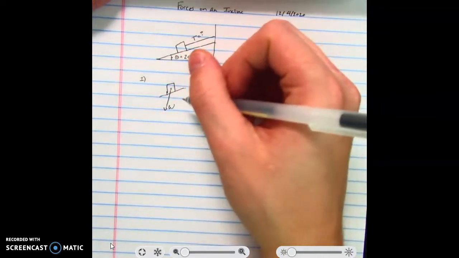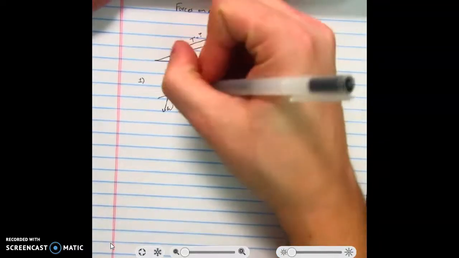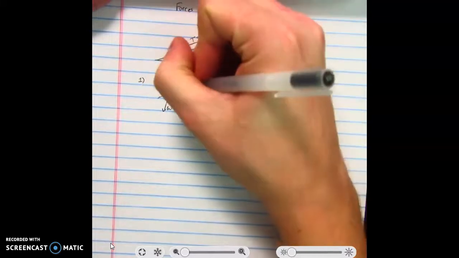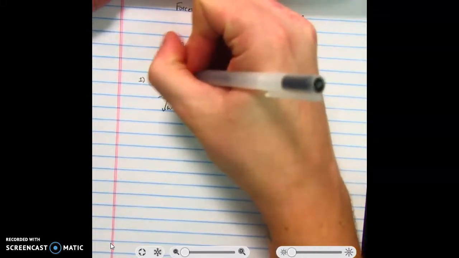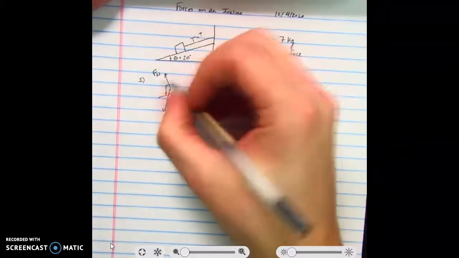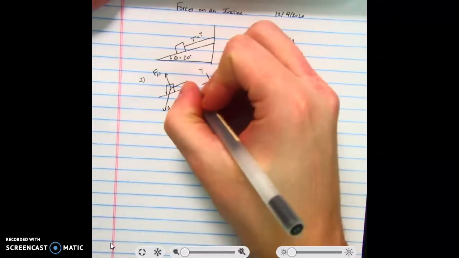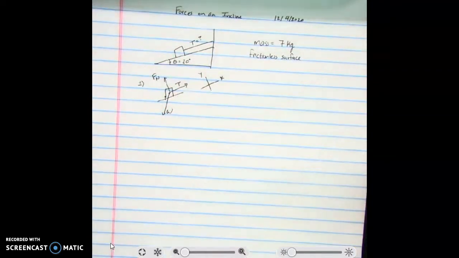Then, our normal force is perpendicular to our surface, which is slanted, so my normal force should actually be a little bit different. And then last, we have tension. Tension just follows the way we wrote. So there are my forces.